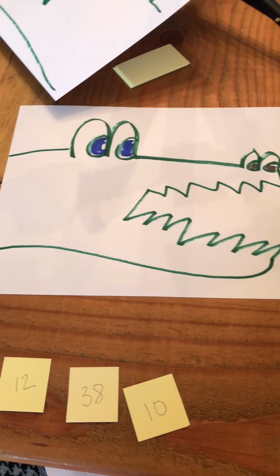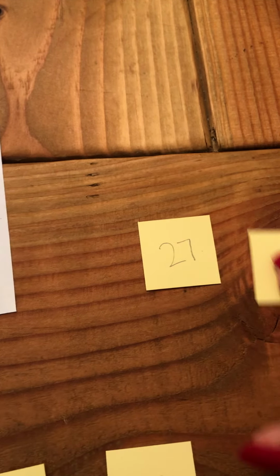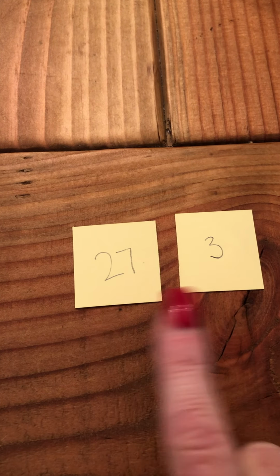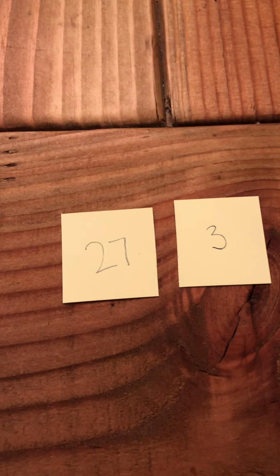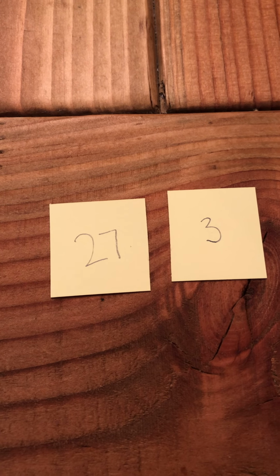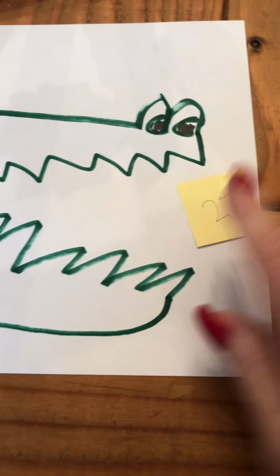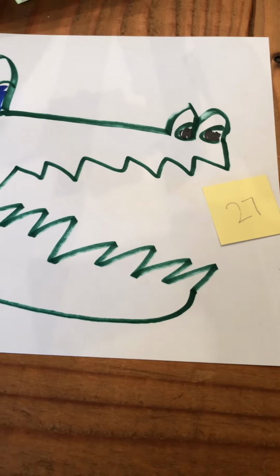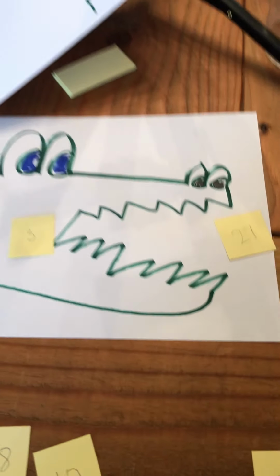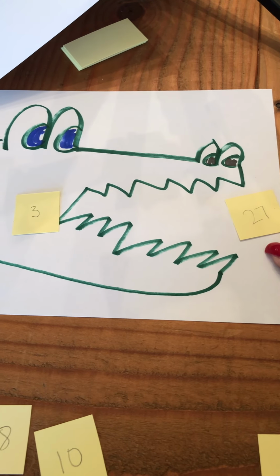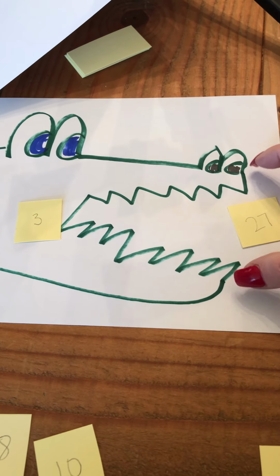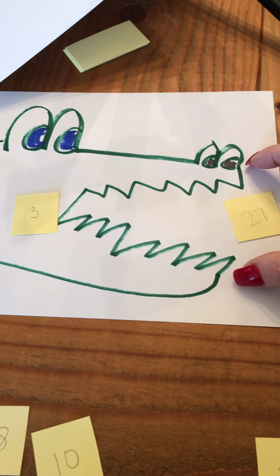So if I have the number 27 and the number 3, which number is greater? Great, 27. So the alligator would want to chomp on the bigger number. We put the other number back there. The greater number always goes to the widest part of the alligator mouth.